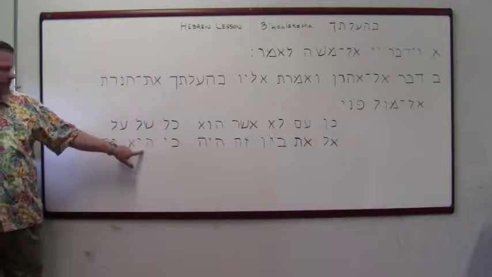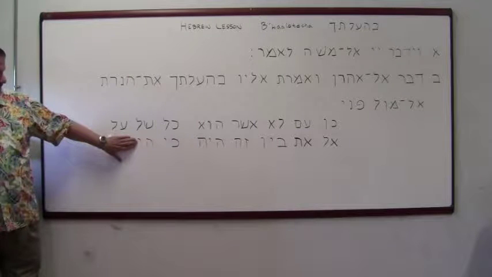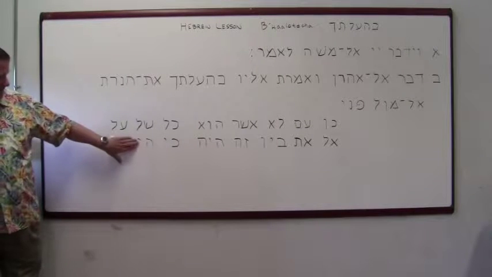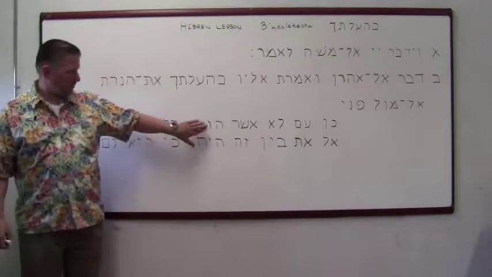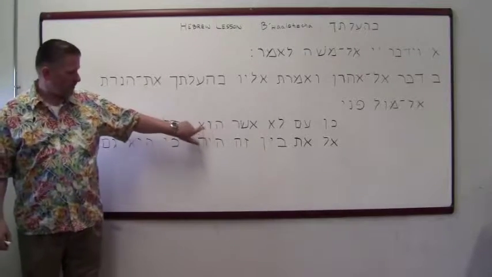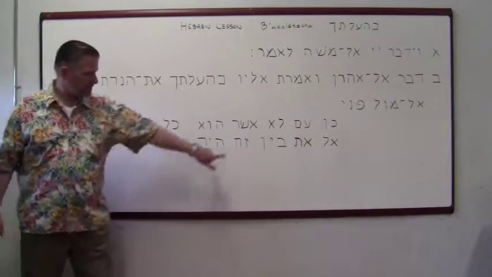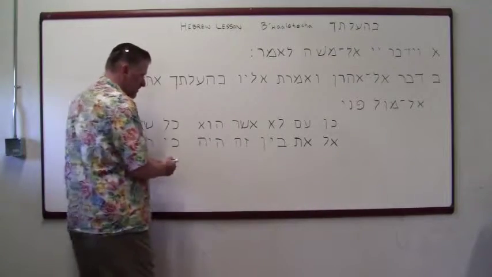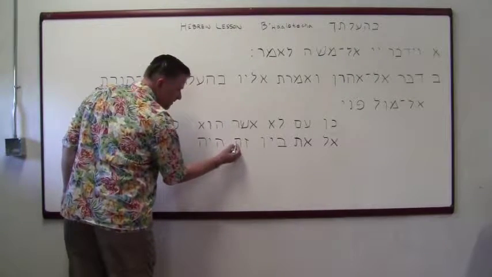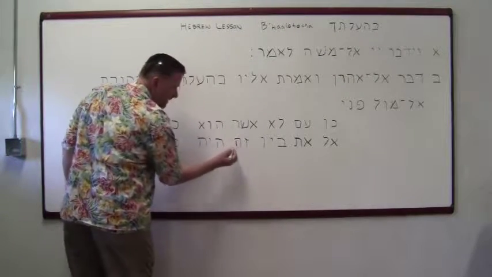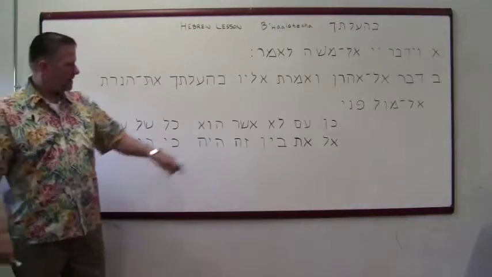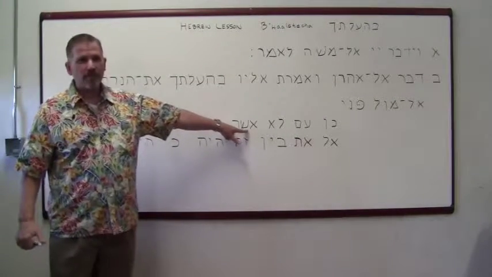E. You'll see it alternately like that, without the aleph. Same with this one, without the aleph. Who and who with the aleph. Zeh. Okay. Asher. Asher.